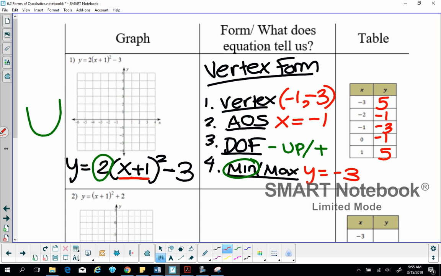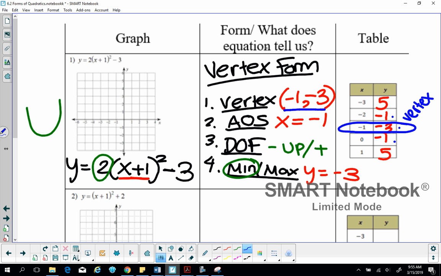Perfect. Now, looking at that, do you guys see a pattern with that table? See how it goes from 5 to -1 to -3, and then it starts going back again? It follows that pattern. So the one in the middle, see how this guy's in the middle? That is your vertex. I'm just showing you how you can find it on a table too.